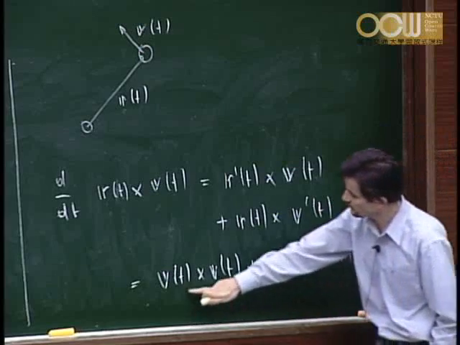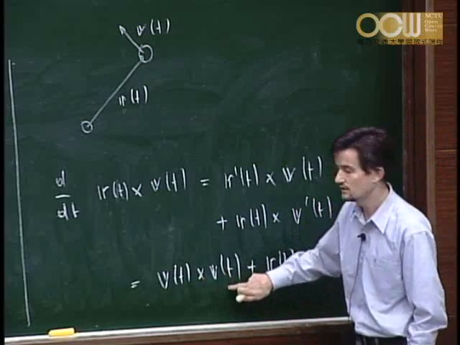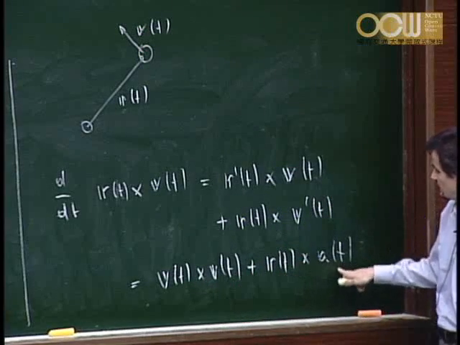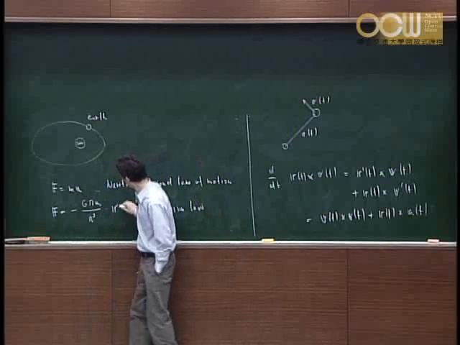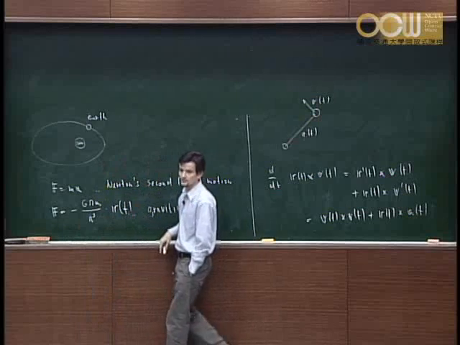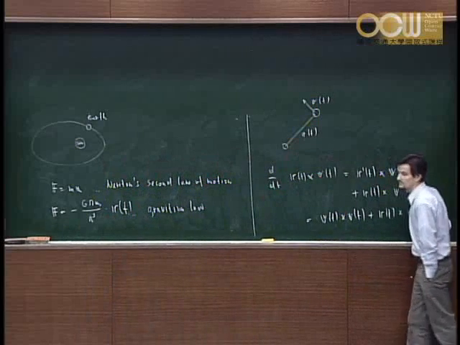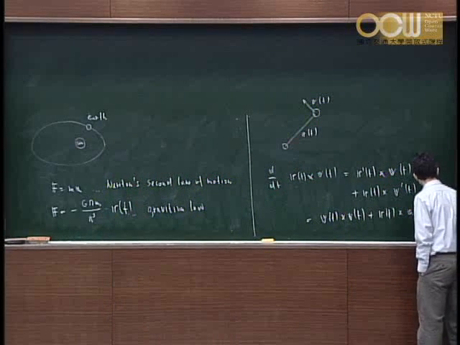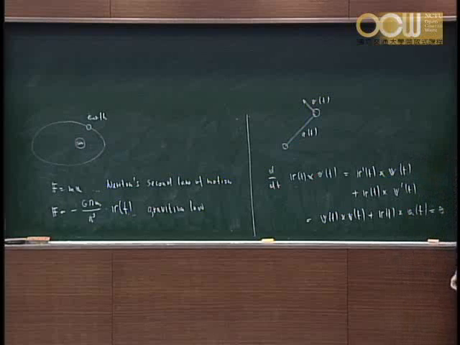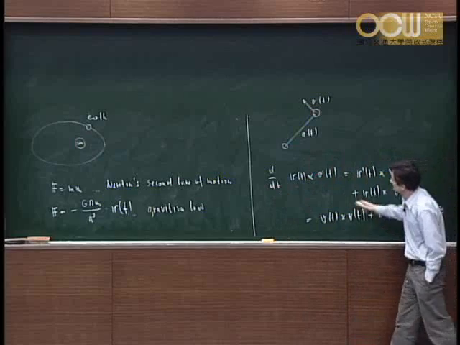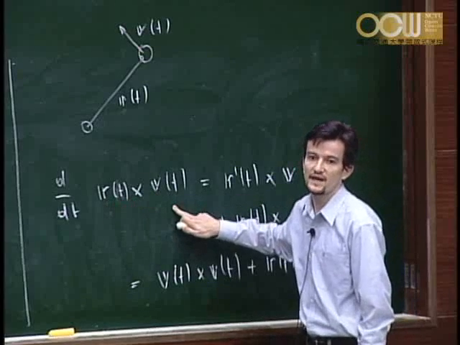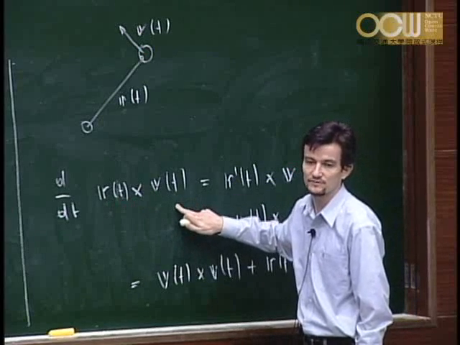But the cross product of a vector with itself is 0, and the acceleration is given by this law here, which also has r of t. So this will be 0 as well. Both of them are 0, so what you get is 0. So the derivative is equal to 0, which means that this must be a constant, a vector which is independent of t.